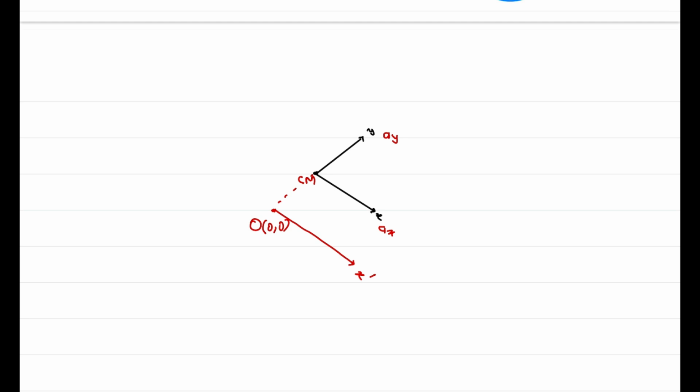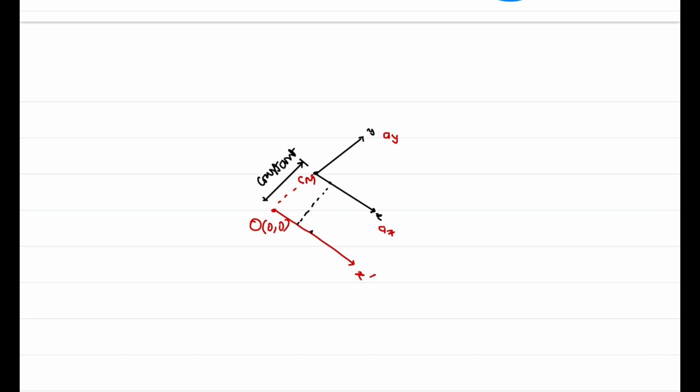Now you just see. As far as the y axis distance is concerned, the CM is maintaining the same distance on the y axis, constant. But on the x axis, CM is here now. After some time CM is here.